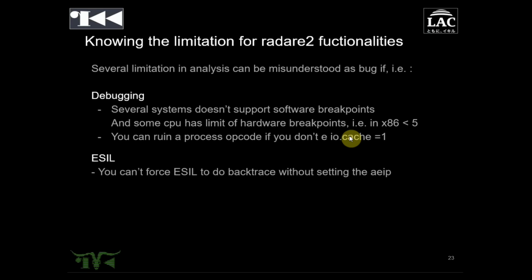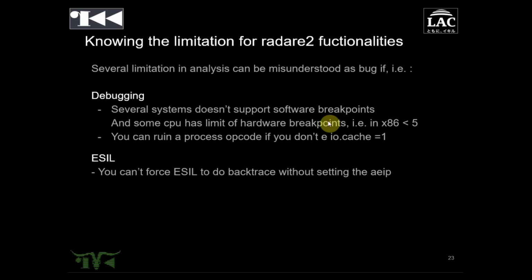And it applies to emulation like ESIL. For example, you cannot force ESIL to go backwards without setting the initial starting point for the VM of ESIL to start. So that is one tip that you need to understand.